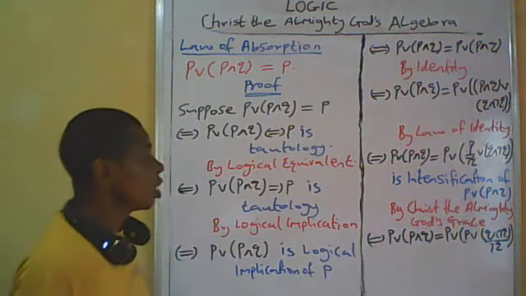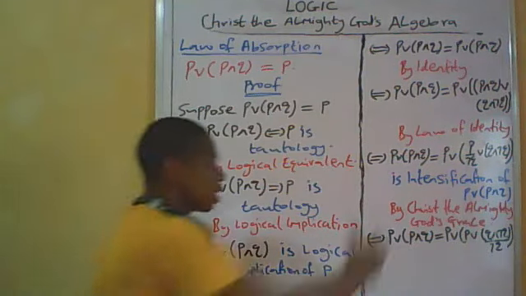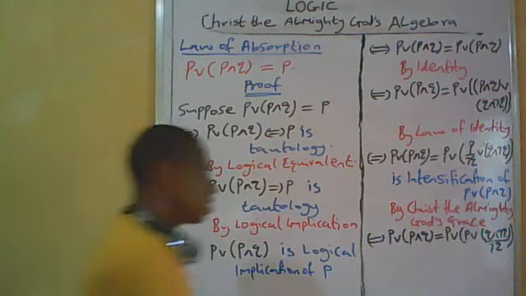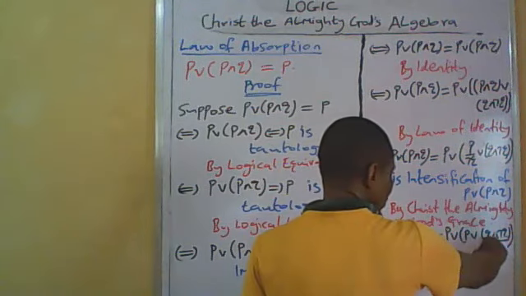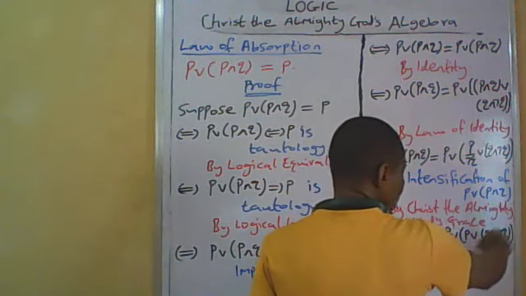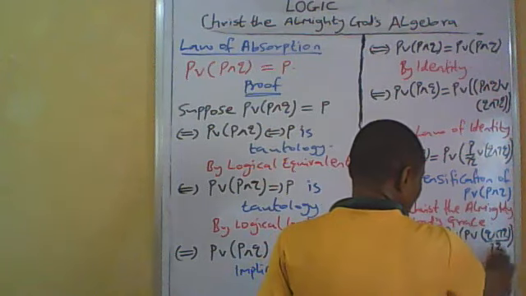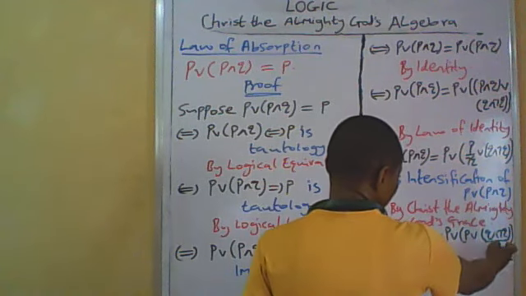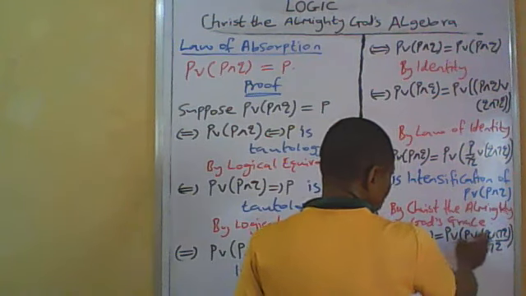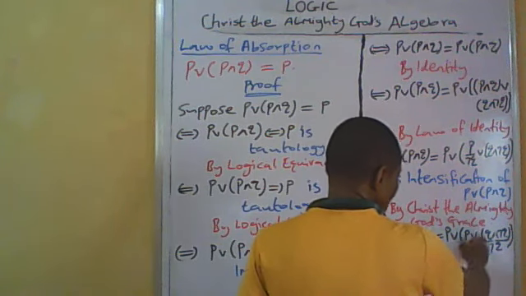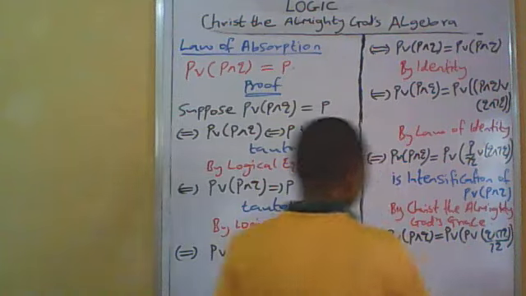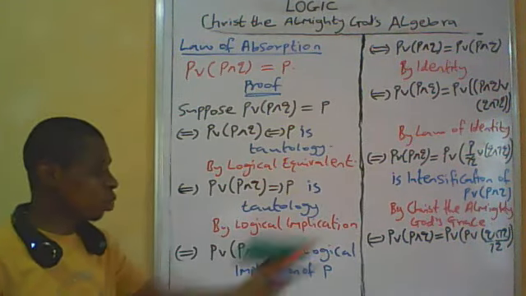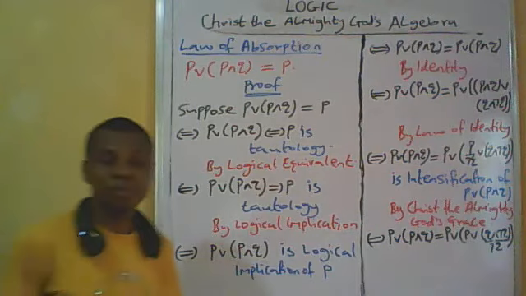And it's still equivalent to P or Q. That means the right-hand side of the equation is still equivalent to P or Q. We say that Q or (Q and not Q upon not Q) is equivalent to Q. Then Q or P is P or Q. Then P or Q or P is P or Q.